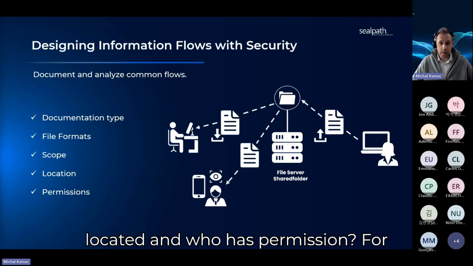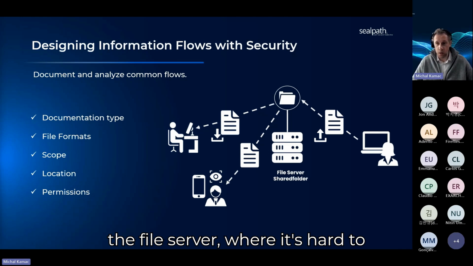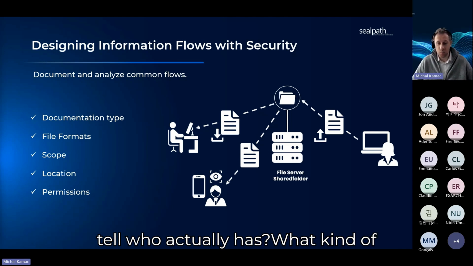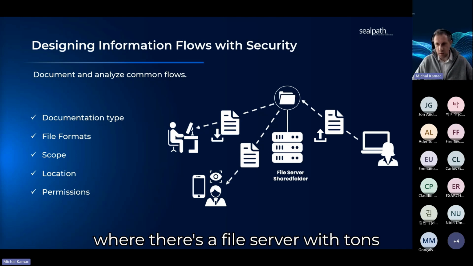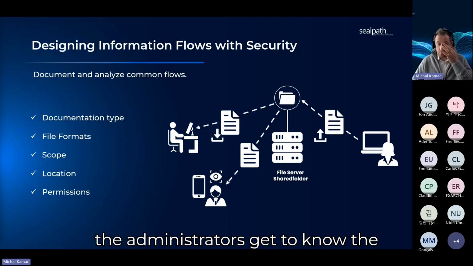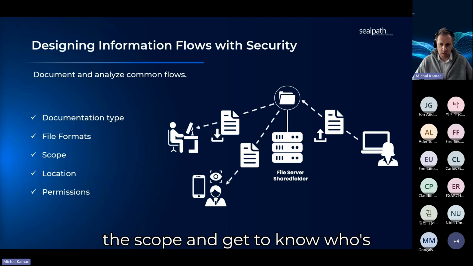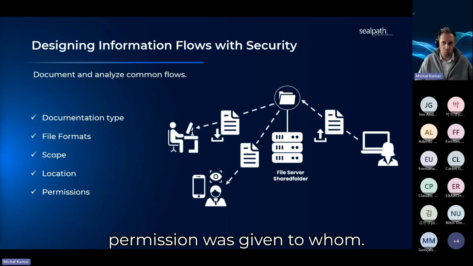Where are they located and who has permission? For example, are the files stored on a file server where it's hard to tell who actually has what kind of access? You may know those scenarios where there's a file server with tons of folders and not even the administrators get to know the scope and who is accessing what kind of information, what permission was given to whom.